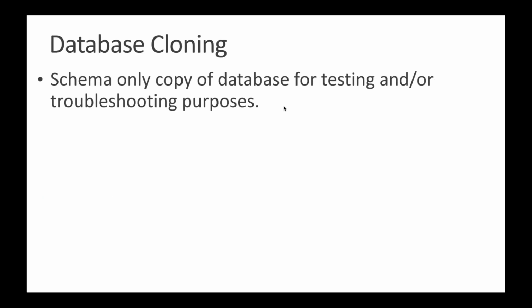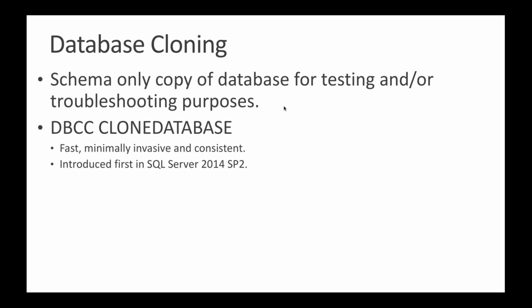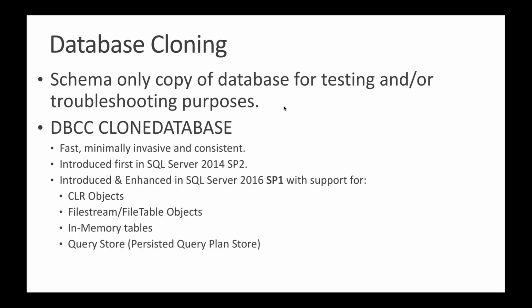Here's another one, database cloning. So this is a schema-only copy of the database for testing and or troubleshooting purposes. This first came out with 2014 SP2, and it's called DBCC CloneDatabase. In 2016 SP1, the big enhancement for this is it supports CLR objects, in-memory tables, and the query store. So we can copy the query store from one database to another.